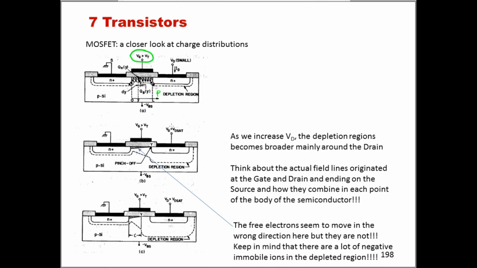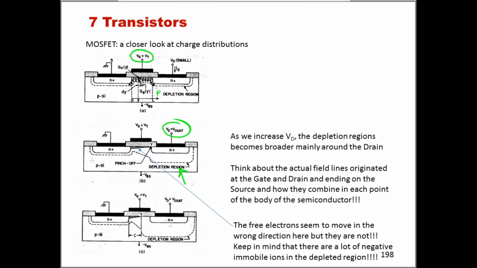But if we now increase VD as we do here, and we can imagine, for example, that VD is VD sat, what is happening now is that, as we said previously, the drain diode, the p-n junction at the drain interface, is reverse biased, so there will be a large depletion as indicated here.